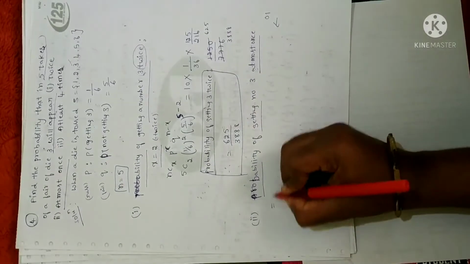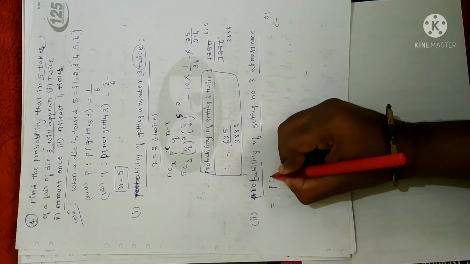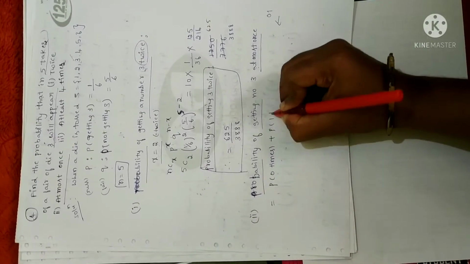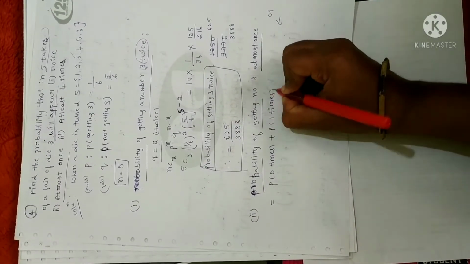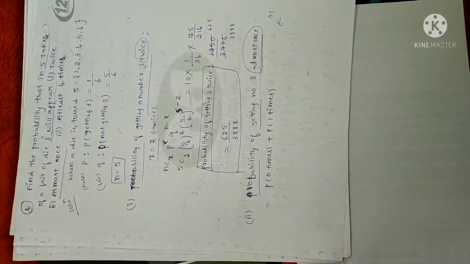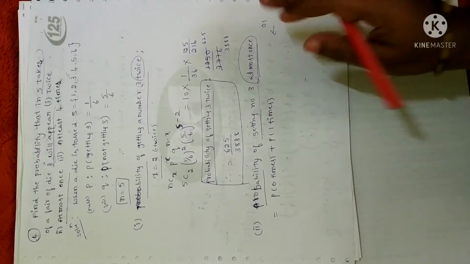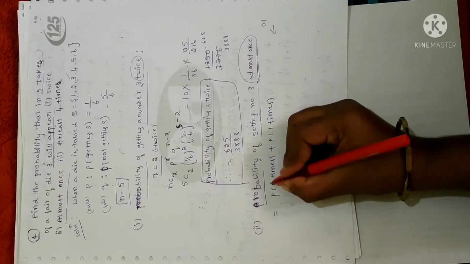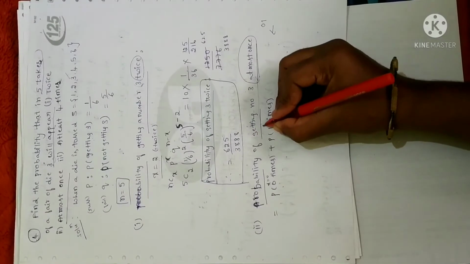So you have to write it as probability of getting 0 times plus probability of 1 time. Right? At most 1 in the sense you have to take 0 times and 1 time. At most in the sense you have to take less numbers also. At least in the sense you have to take greater numbers. Fine. 0 in the sense here the x value will be 0. Here x value will be 1.